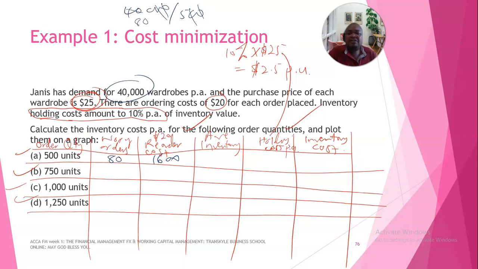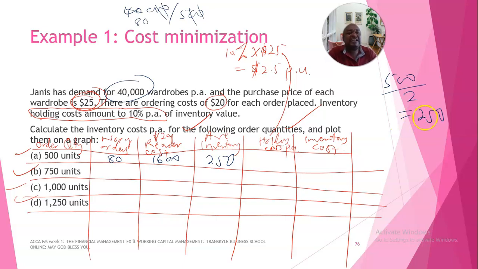What about the average inventory? Since we are making orders of 500 units, average inventory becomes 500 over 2, which takes us to 250. What about the holding cost per annum?